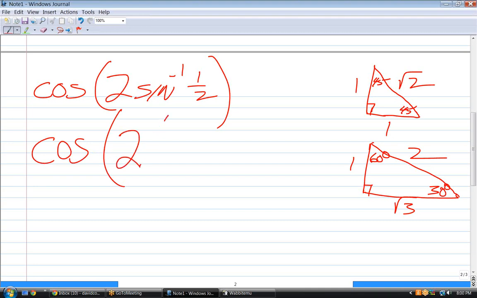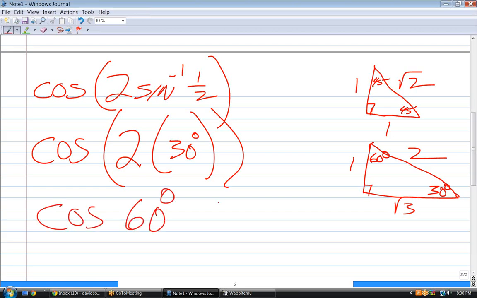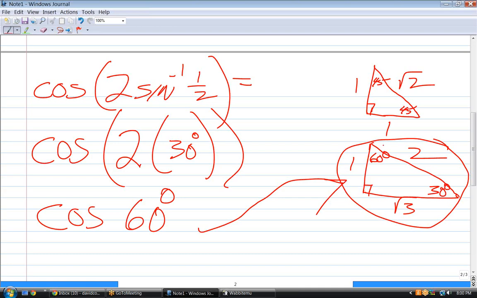So now we have 2 times 30 degrees, in other words 60 degrees. So now we're looking at the cosine of 60 degrees. What's the cosine of 60 degrees? Remember, at 60 degrees, adjacent over hypotenuse: 1 over 2. So there's your answer right here.